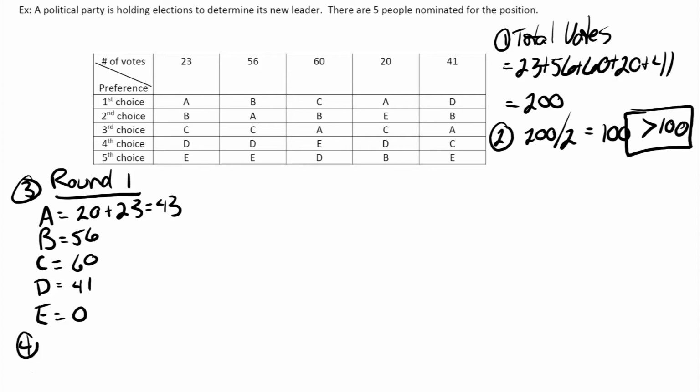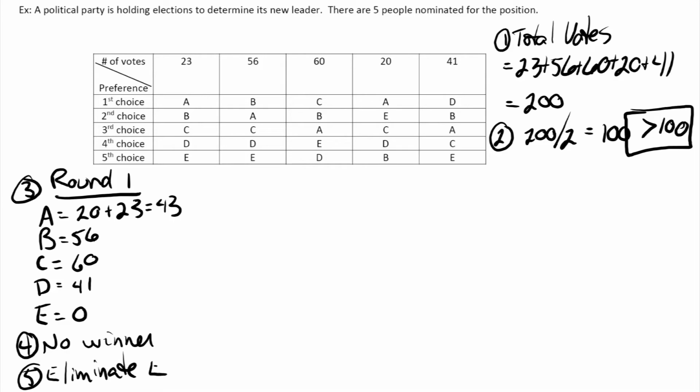So step 4 is to look to see whether anybody had a majority. In order to have a majority, we have to have gotten greater than 100 votes. And looking at our numbers, none of the candidates have that. So no winner is declared, and we move on to step 5, which is to eliminate the candidate with the smallest number of votes.